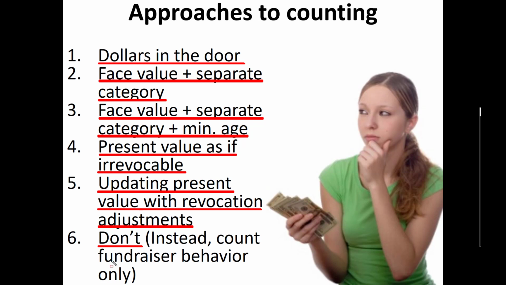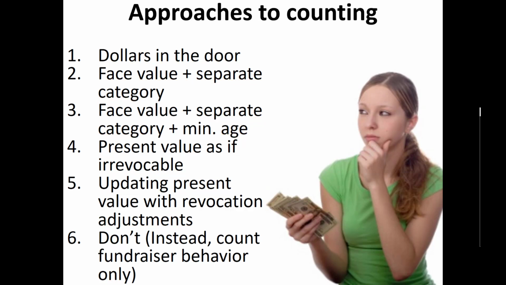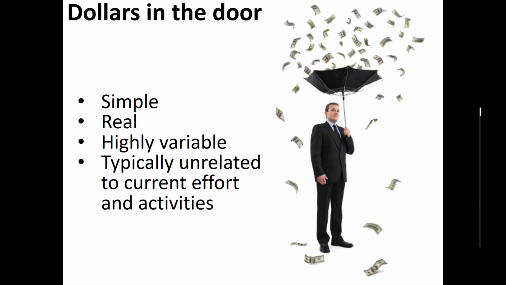Instead, count the fundraiser behavior only. Okay, so those are 6 approaches. We'll look at each one. Okay, so the first approach is very simple. It just says we count bequest gifts when we get the check from the estate.